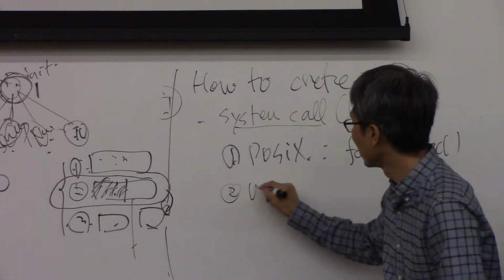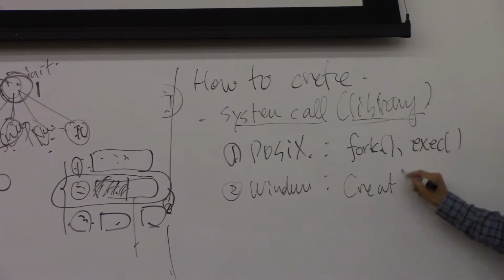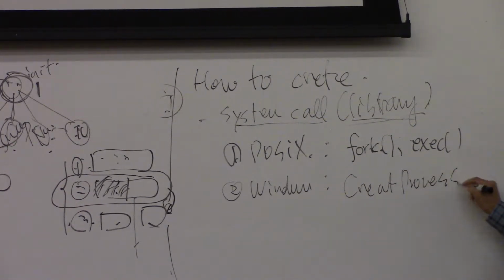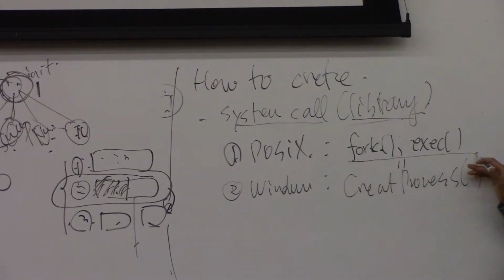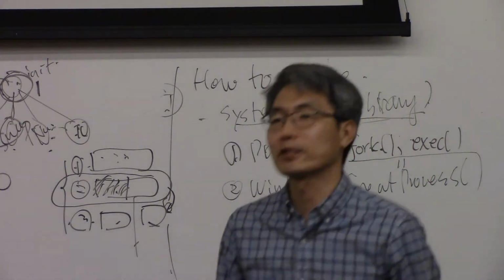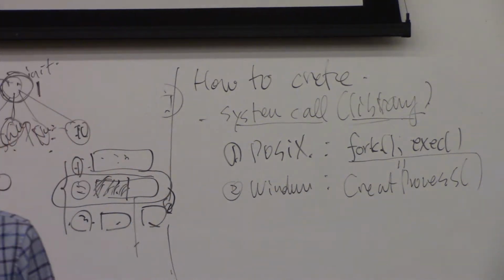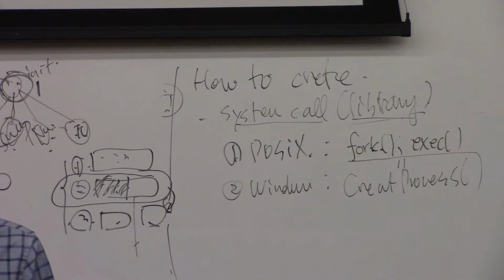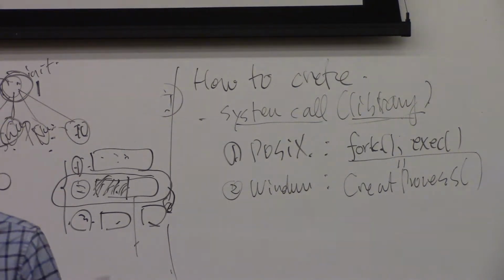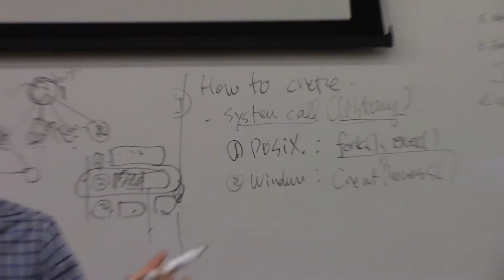And the Windows API, it uses create process. However, the system library is the same as this one, combined into two, which means fork is first when you create the process. So if you want to be independent from the parent, you need to first find space, right?